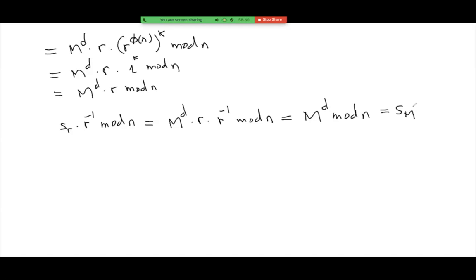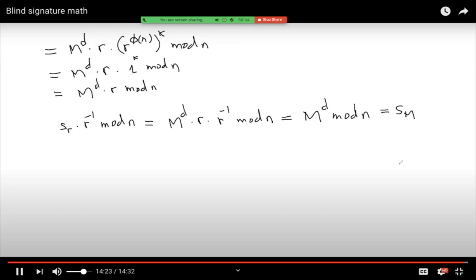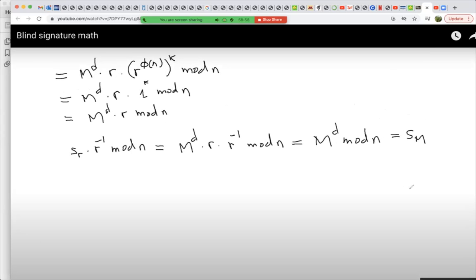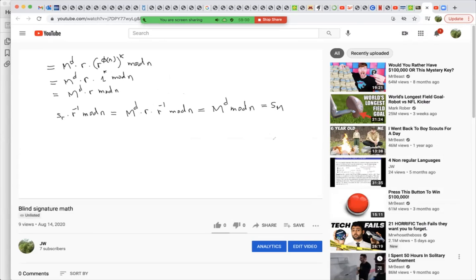Okay, that's it. So that's how we can remove a blind factor using RSA.